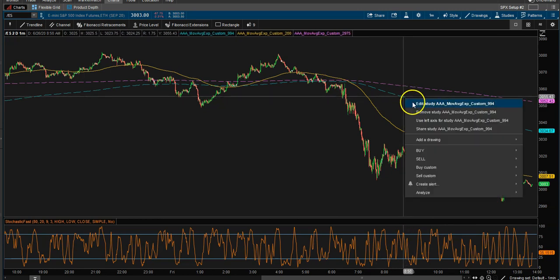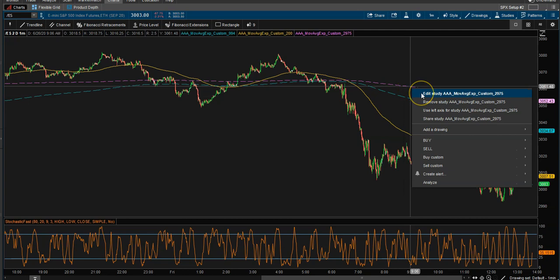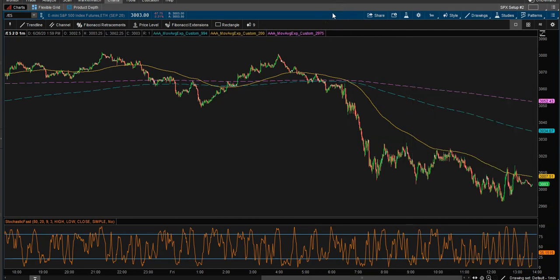The bluish line is a 994 moving average line. And then the purple line is a 2,975 moving average line.